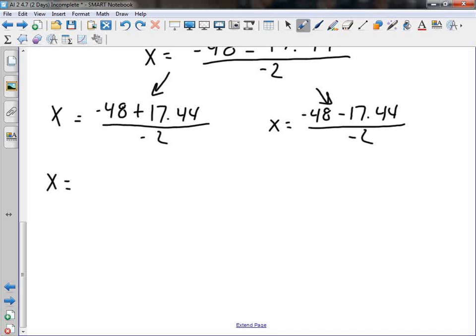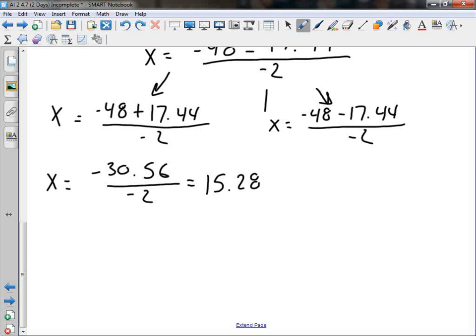Negative 48 plus 17.44 is going to be negative 30.56 all over negative 2. And when I do that division, we get 15.28.